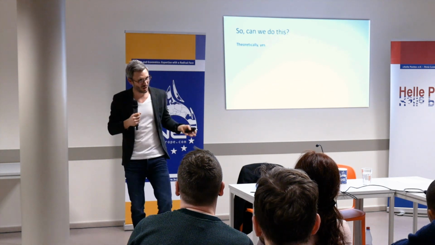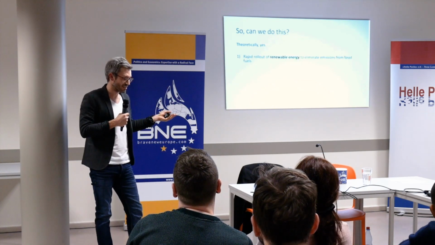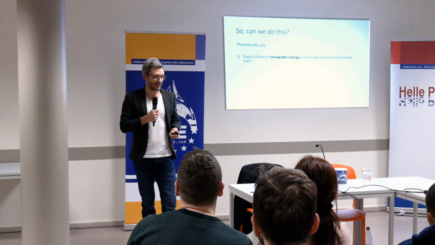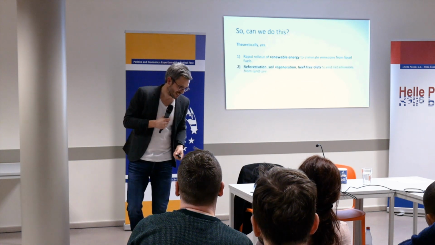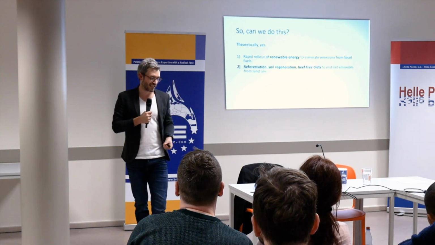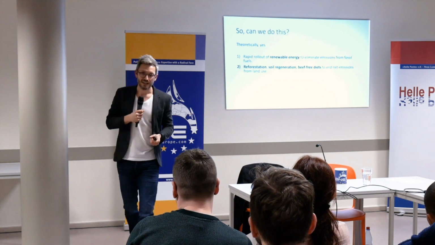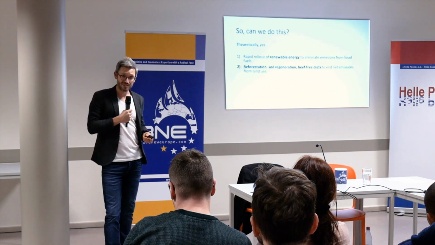And I'm sure you all know basically what needs to be done in this respect. We need a rapid rollout of renewable energy with a focus probably on solar and wind technology to eliminate emissions from fossil fuels. We need significant reforestation, soil regeneration for carbon sequestration in the soils, and a shift to beef-free diets to end net emissions from land use, okay?